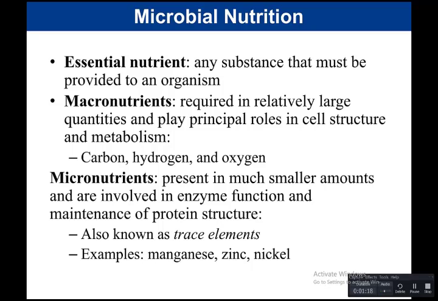Hemoglobin, for example, which is the protein that is involved in transporting oxygen throughout the body, requires iron. Other examples of trace elements would be manganese, zinc, nickel, iodine, etc. They're required in relatively small amounts.